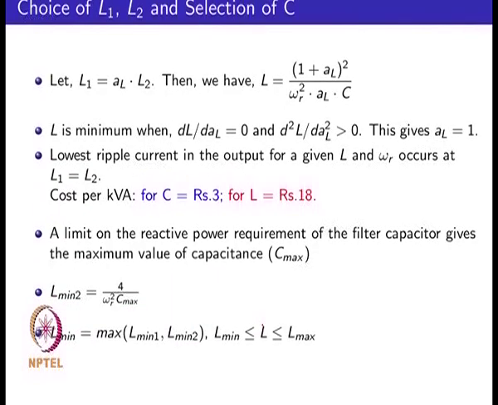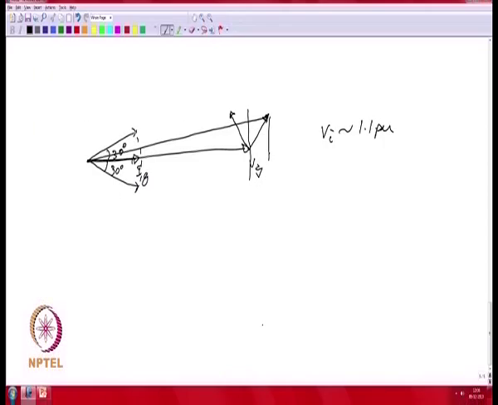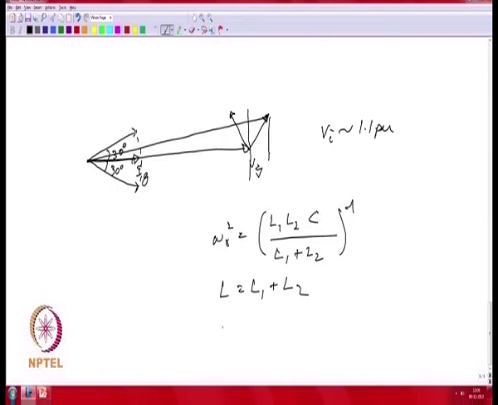One thing that you could do is look at the expression omega r square is equal to (L1 + L2) by L1 L2 C inverse, and look at L to be equal to L1 plus L2, and define L1 to be equal to AL times L2.